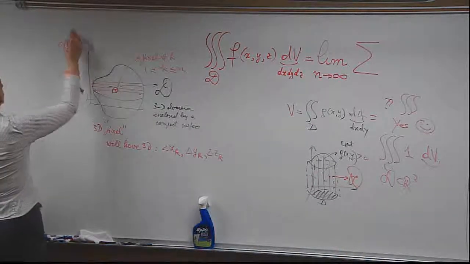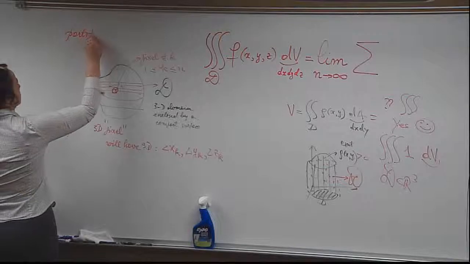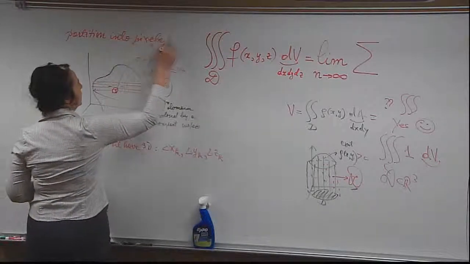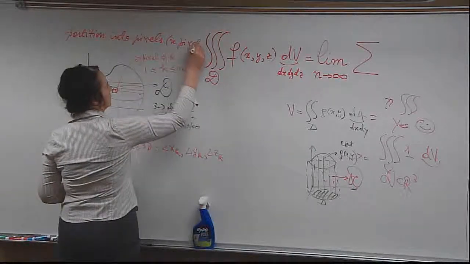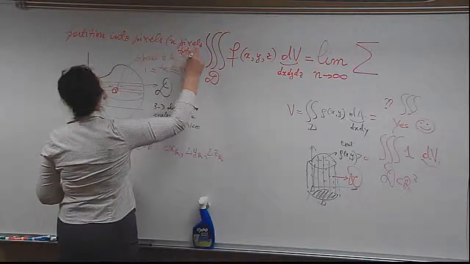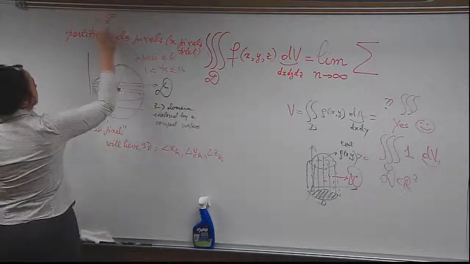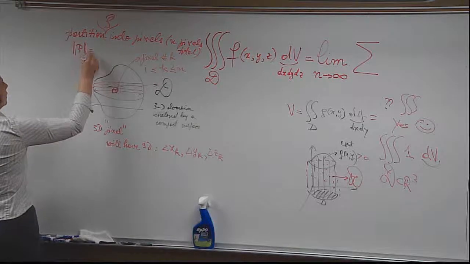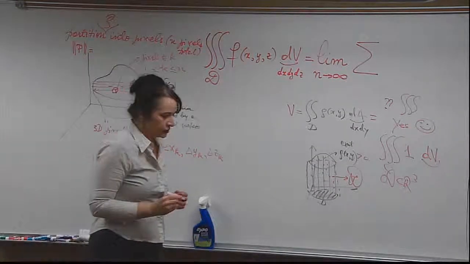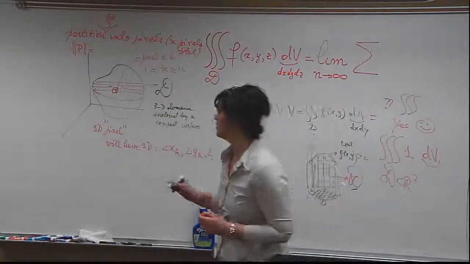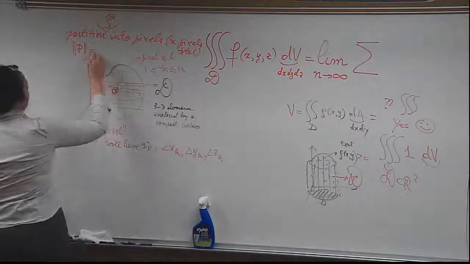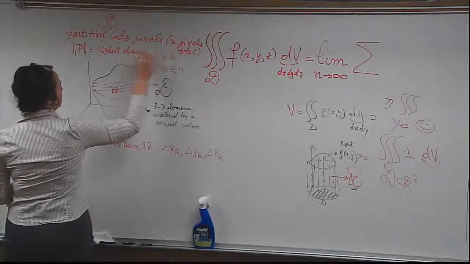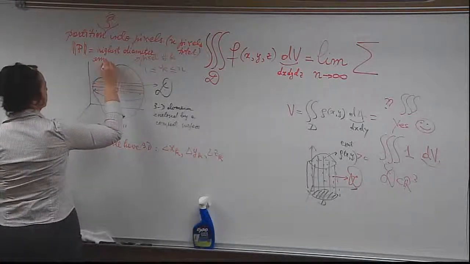Think the whole partition into pixels. How many pixels? n pixels total is called P, script P, and the norm of P will be the highest diameter among all pixels.